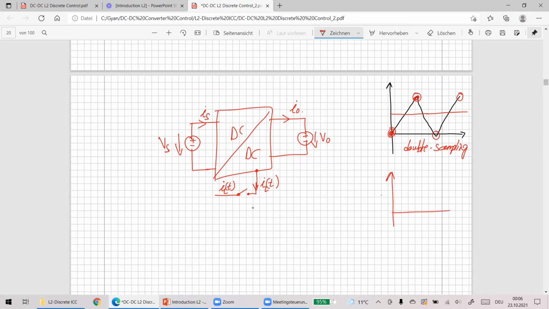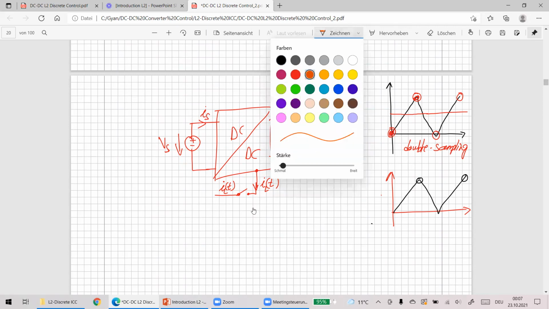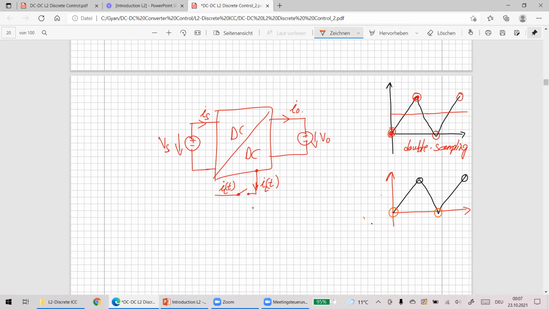And the single sampling would look like this. So either this is your single sampling, or you do this as a single sampling. So you either sample at the upper extreme or the lower extreme. So this is your single sampling. Double sampling is at both extremes, single sampling at either one of the extremes.